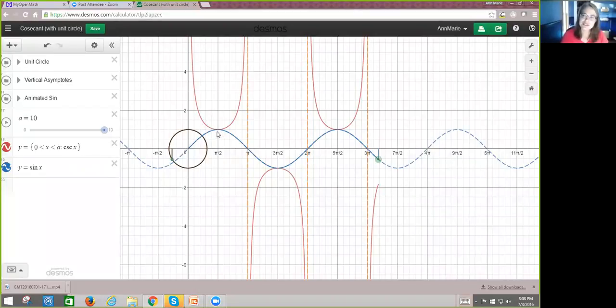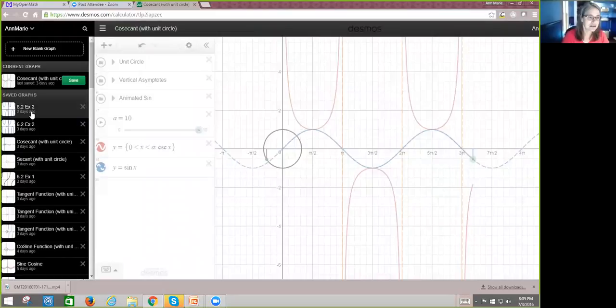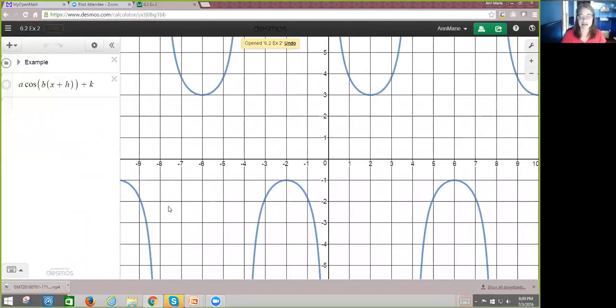We can determine the transformations of cosecant in much the same way that we would determine the transformations of sine. Let's take a look at that real quick. So this is an example, again, from your textbook. It's example 2.